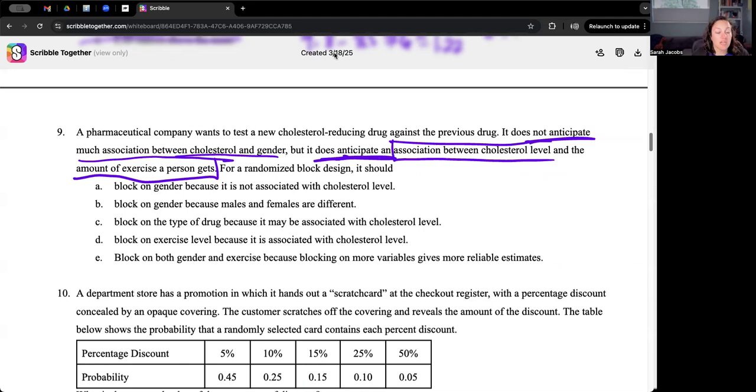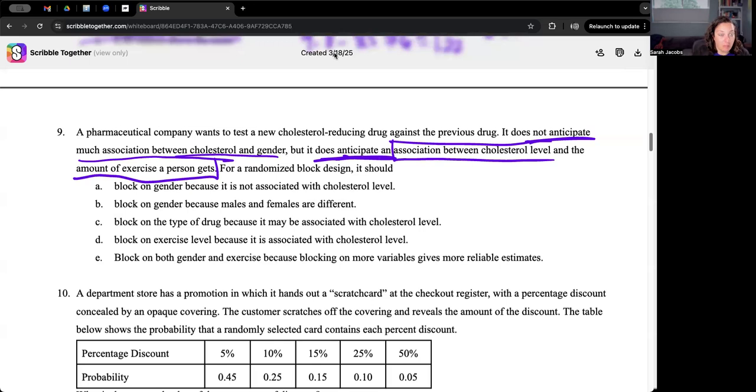We want to make sure that every block has people with similar exercise levels so that we can assign within each block some of the new drug and some of the old drug, so we can see among people who exercise a lot, how does that drug affect? And among people who don't exercise a lot, how does that drug affect?